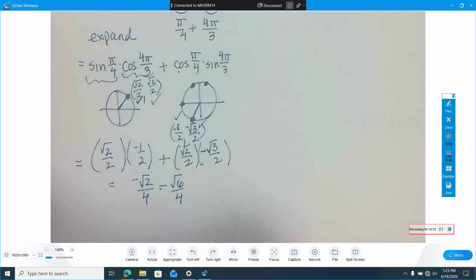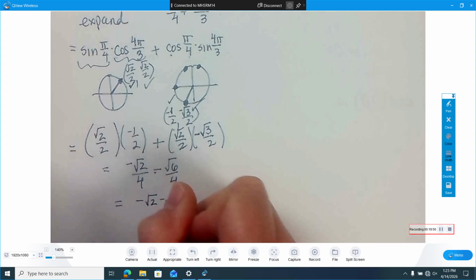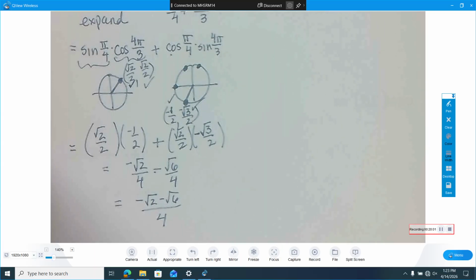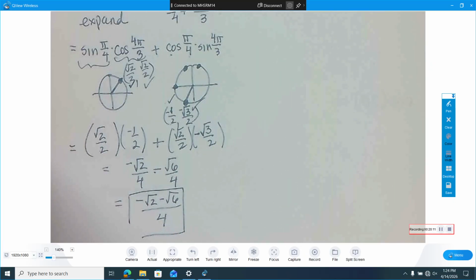This is a perfect answer, but you can also make it just negative root 2 minus radical 6 all divided by 4 as well. They are identical. Okay. Questions on that one?